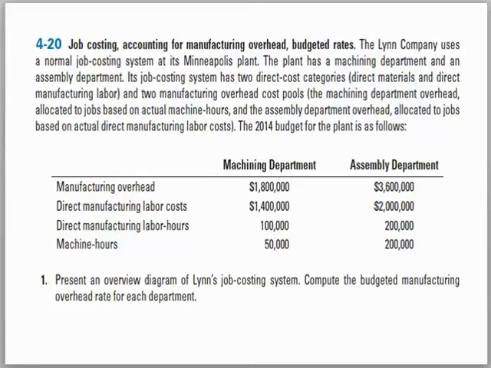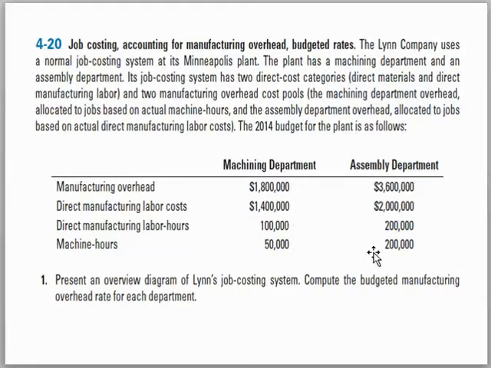As we know, the budgeted rate equals budgeted overhead cost divided by the budgeted base for each department. We will divide the budgeted overhead in the machining department, for example, 1,800,000, by the base, which is the machining hours, 50,000.